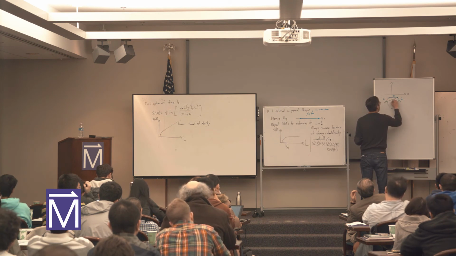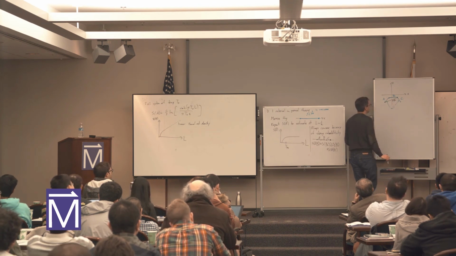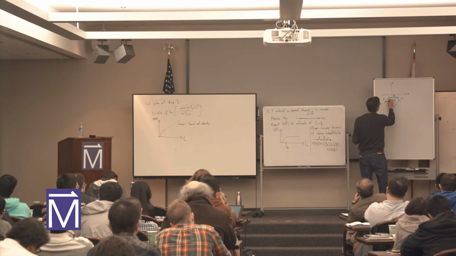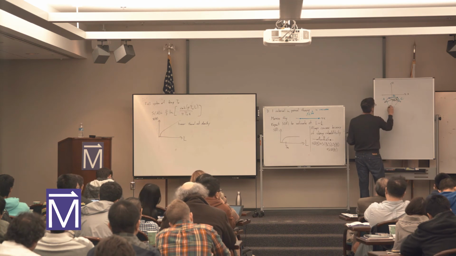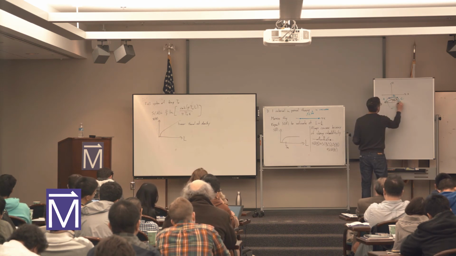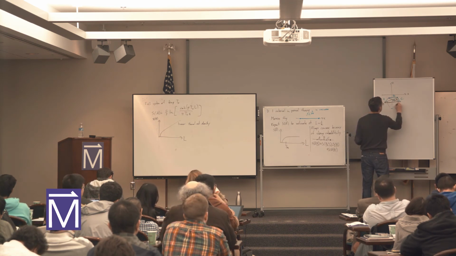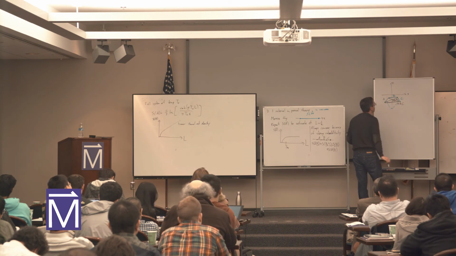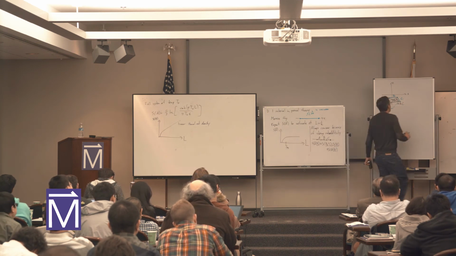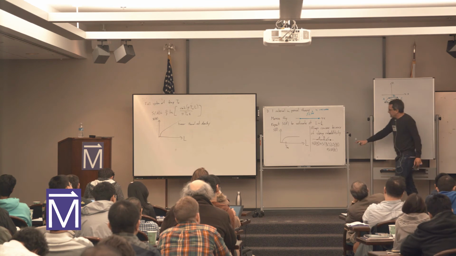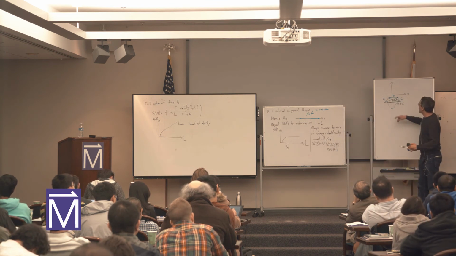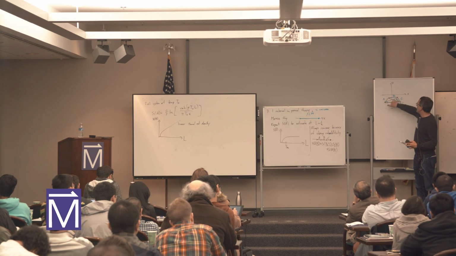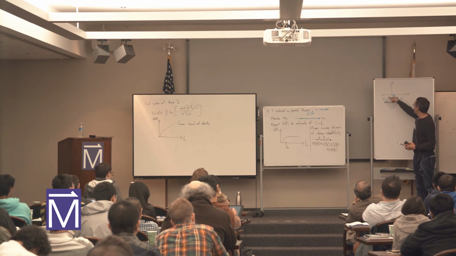So I can think of AB as looking like this, and I can think of BC as looking like this, and ABC as just being this. And so the entropies that enter into this inequality are only functions of these proper lengths: the proper length of B, of ABC, of AB, and of BC.